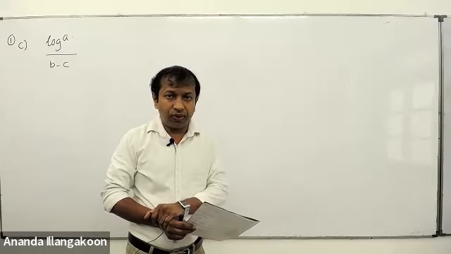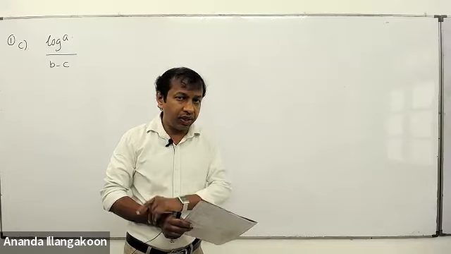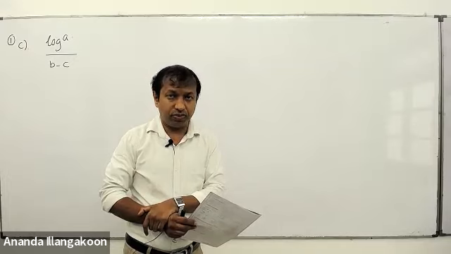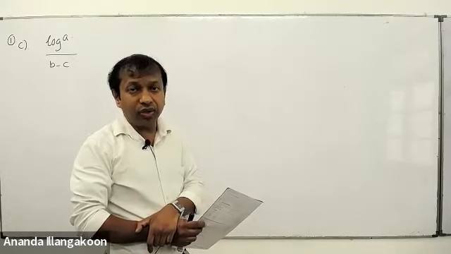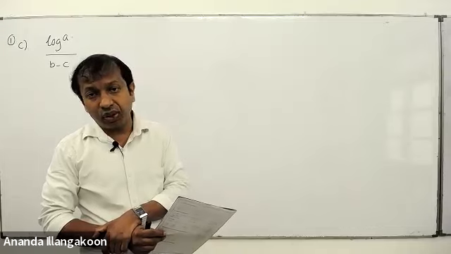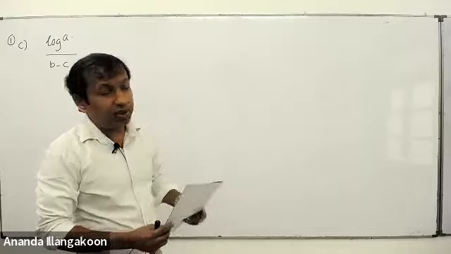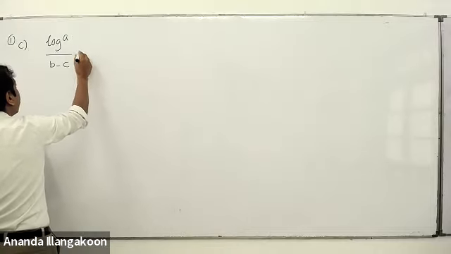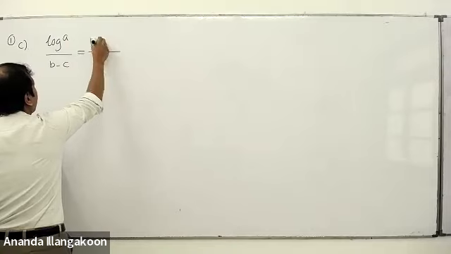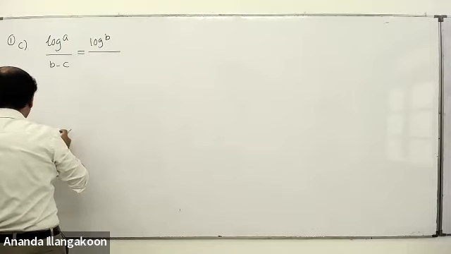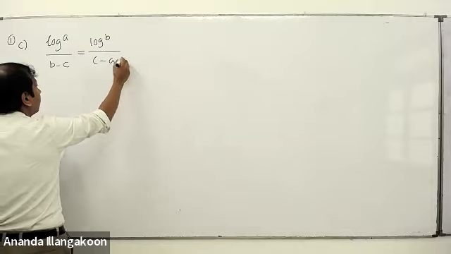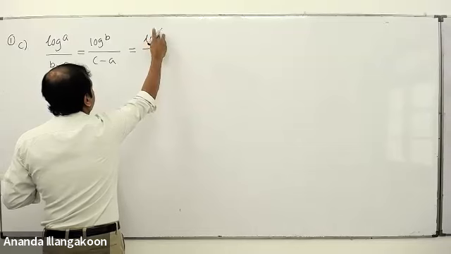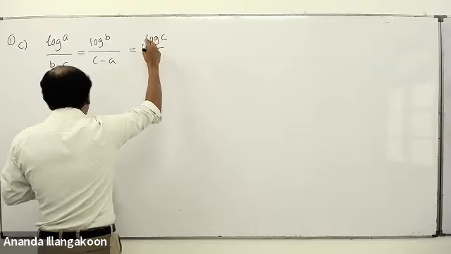Any such value can be the base of the log terms in the given question, so don't worry about it. Then this is equal to log b divided by c minus a equals log c divided by a minus b.